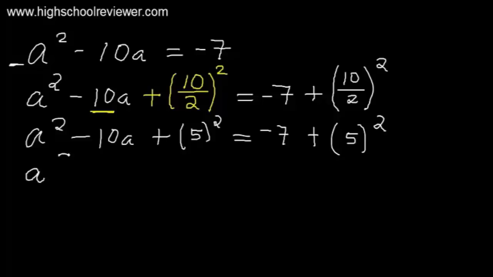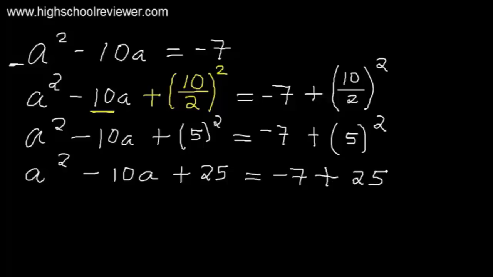We will have here a squared minus 10a plus 5 raised to the power of 2 is 25, and this will be negative 7 plus 5 raised to the power of 2 is 25. A squared minus 10a plus 25 is a perfect square.